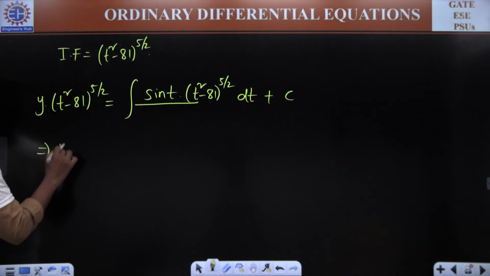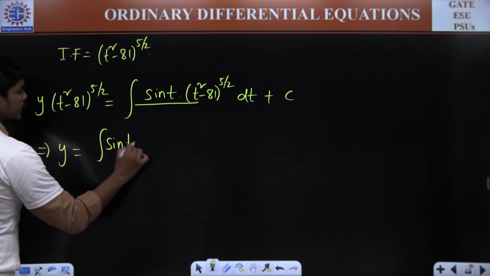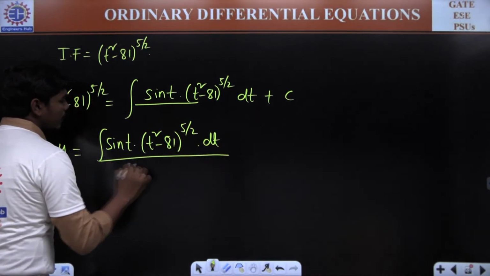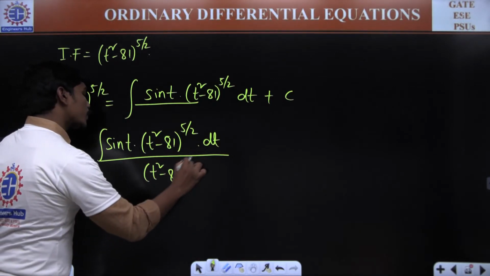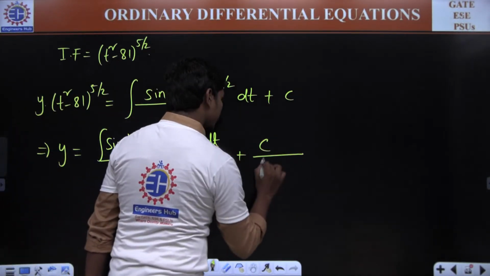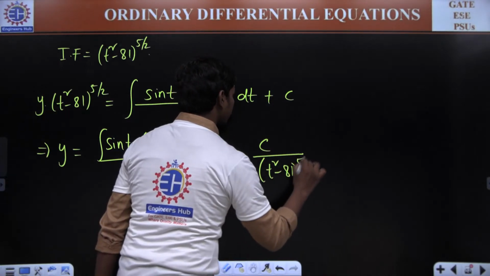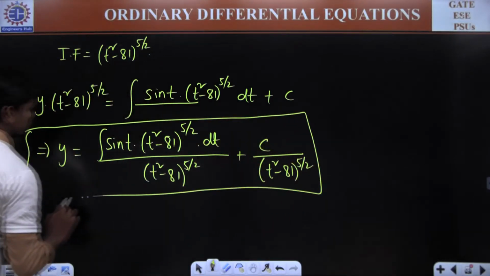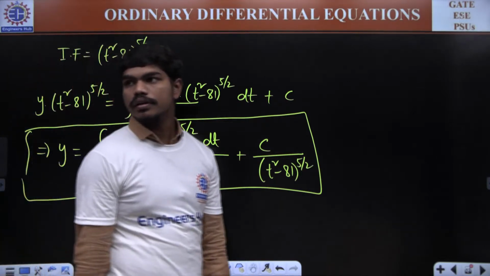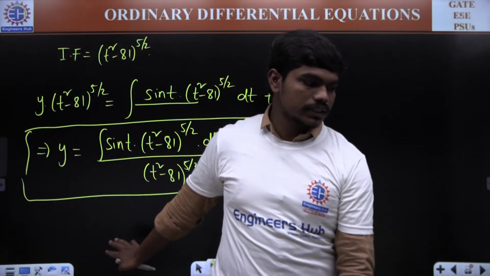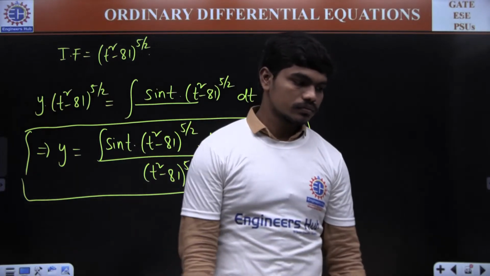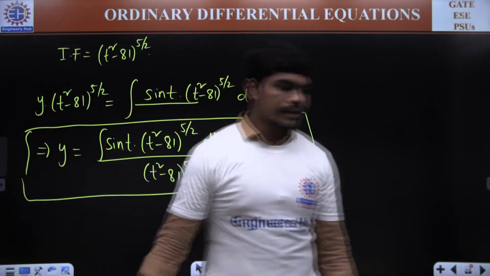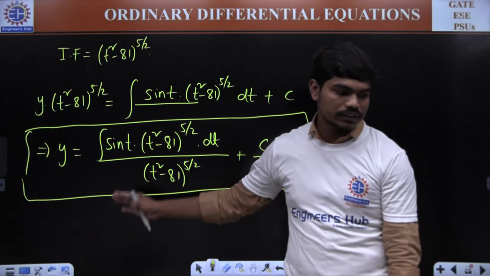Which means, can I write y as the integral of sin t (t² − 81)^(5/2) dt divided by (t² − 81)^(5/2), plus some constant divided by (t² − 81)^(5/2)? Can I tell that this is the solution of this differential equation? Yes or no? Are you all clear till this moment?